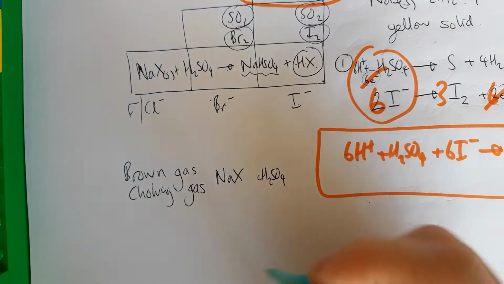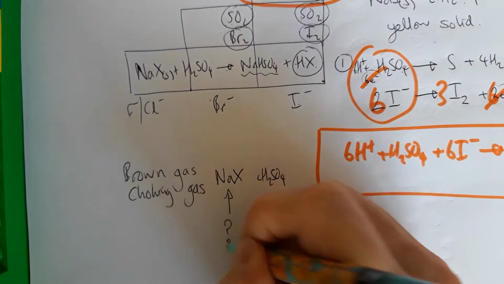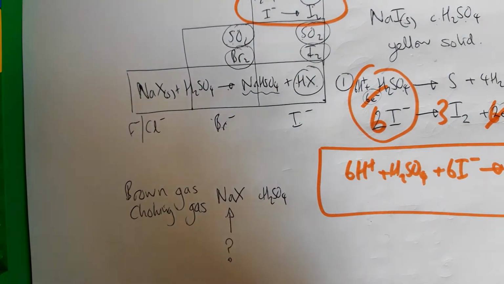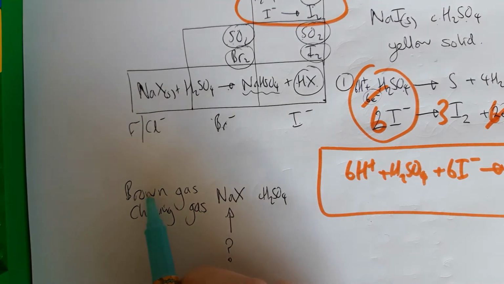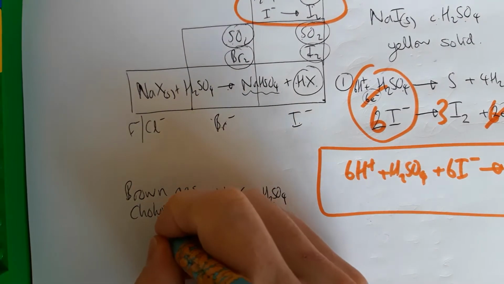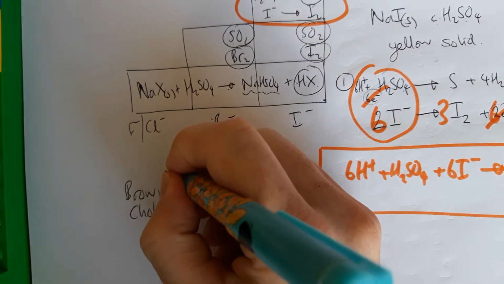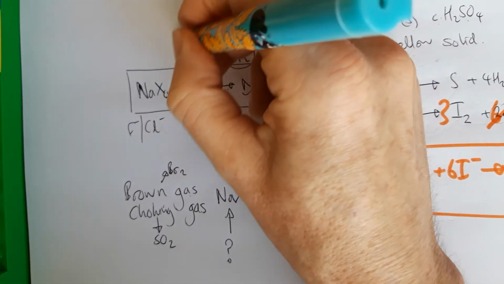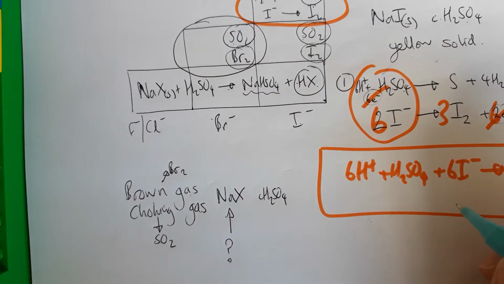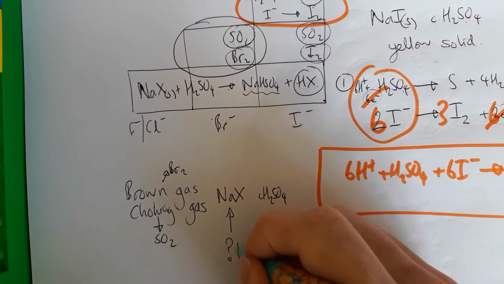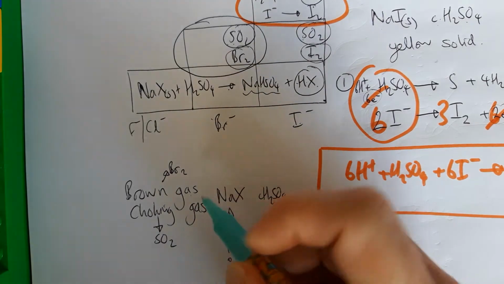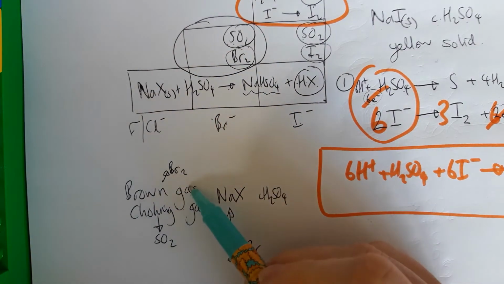And the examiner might say, what sodium halide was used? So you're now looking for a choking gas and a brown gas. Well, choking gas is a clue for SO2 and a brown gas is Br2. So they're asking you about this. So the sodium halide would be NaBr. You know this is the bromide observations.